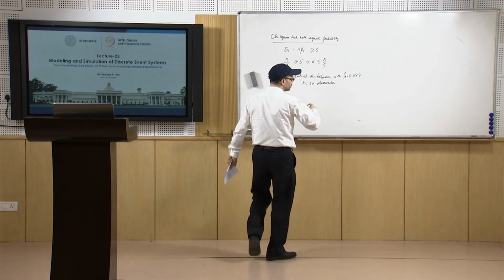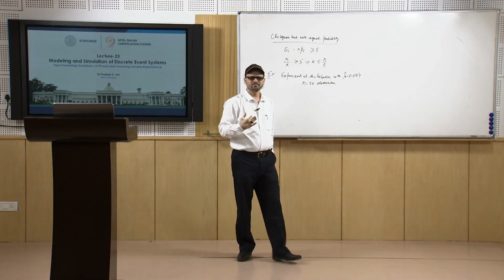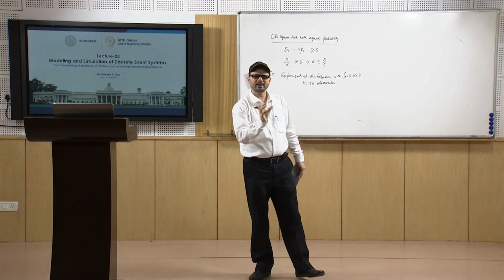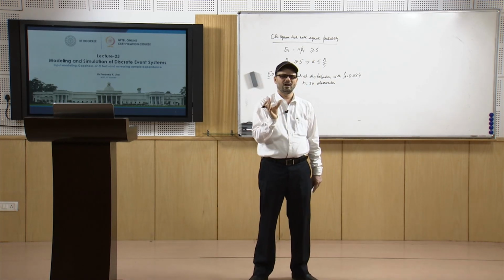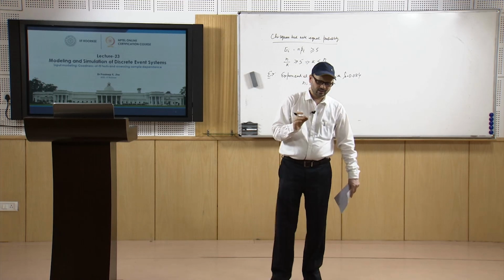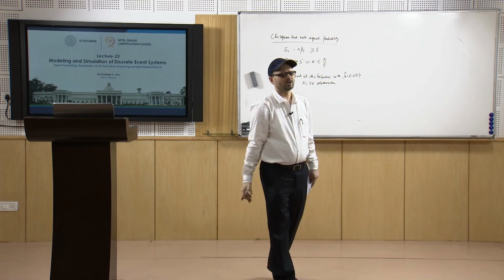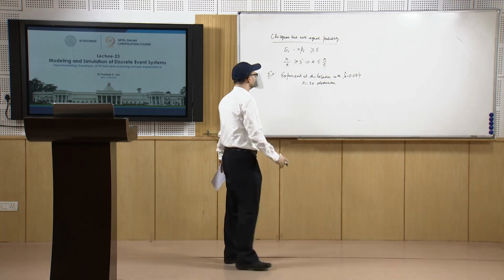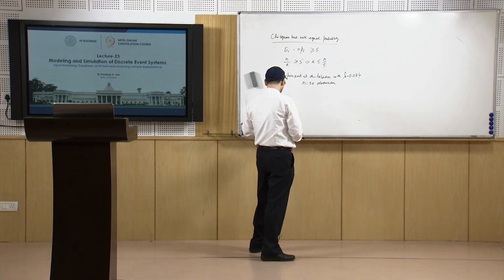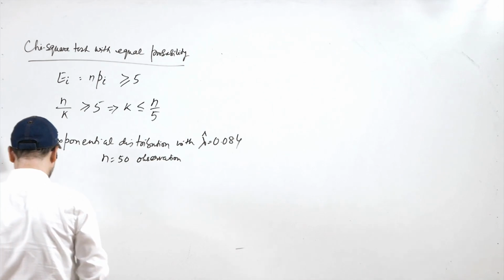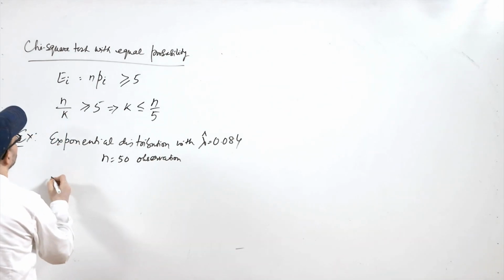Now, in that case what should be the interval length? What should be the upper and lower limit of every interval, so that the probabilities are equal? What we do is first of all find the CDF.